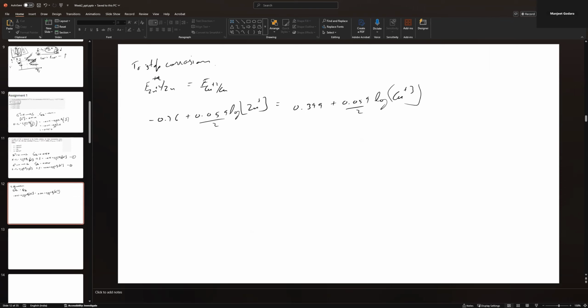So I can bring -0.76 to that side. We have 0.059 by 2 log of Zn2+ concentration minus 0.059 by 2 log of copper ion concentration, equal to 0.399 plus 0.76.